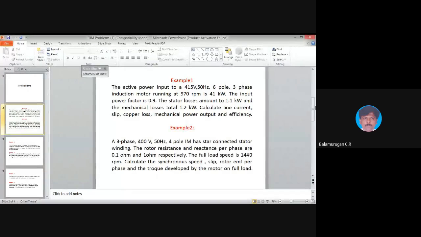So E1 phase is 400 divided by root 3. First we calculate this. Here we are going to discuss everything in terms of per phase only. So here rotor EMF per phase. Okay. So we are converting this E1 value in terms of per phase.